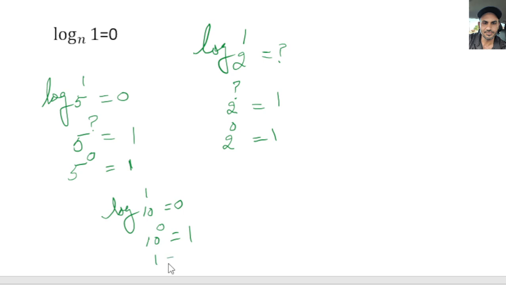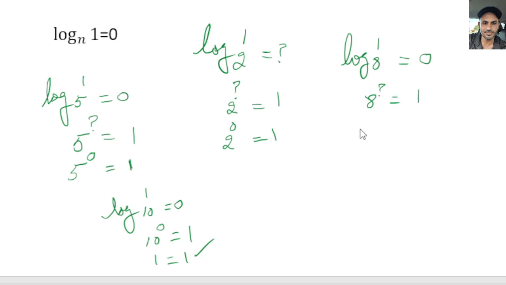Okay, this is 1 equals 1, so that's true. Let's do another one. Log of 1 with respect to base 8. That should be equal to 0 as well. So the reason it's 0: 8 raised to what power is equal to 1?